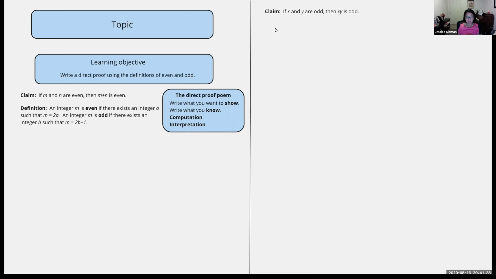Remember, the first thing we do when we see a definition is write down some examples. So, for example, 6 is an even number. How do I know it's even?